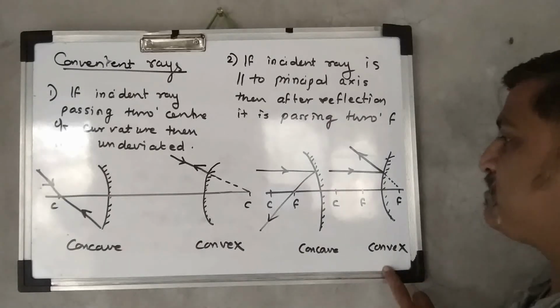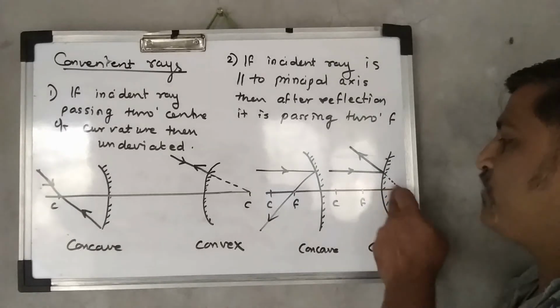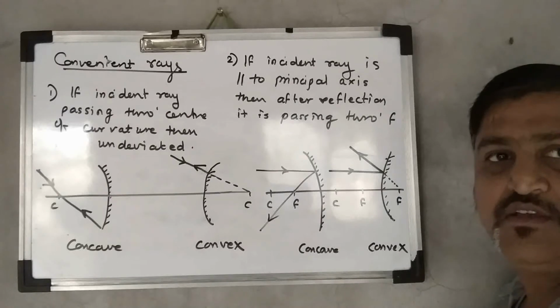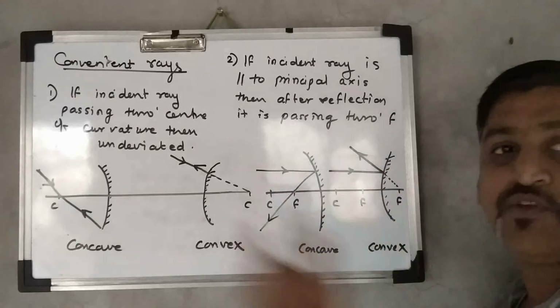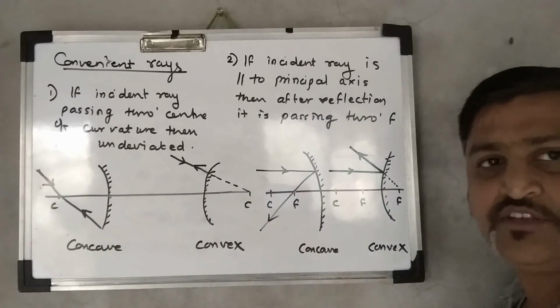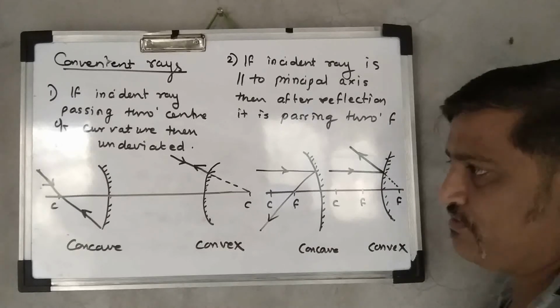In the case of the convex mirror, after reflection it seems to pass through the focus, or seems to come from the focus, but actually it is not coming from the focus. So this is the second rule.